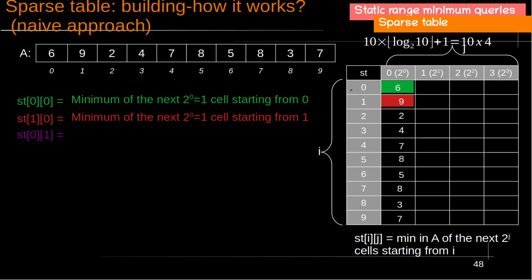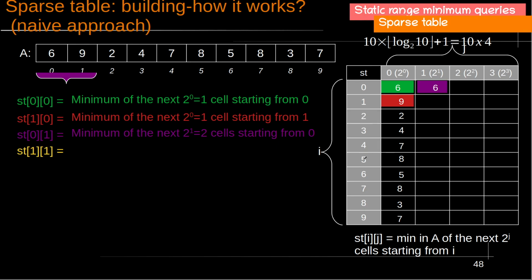Let's go to ST[0][1], which is this one. What does it mean? It means that we're going to take the minimum of the next 2^1 cells, which means 2 cells starting from 0. We're talking about these 2 cells. So we compute the minimum of 6 and 9, so 6.